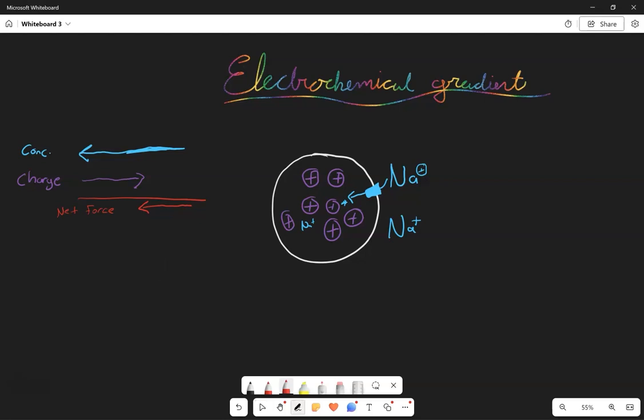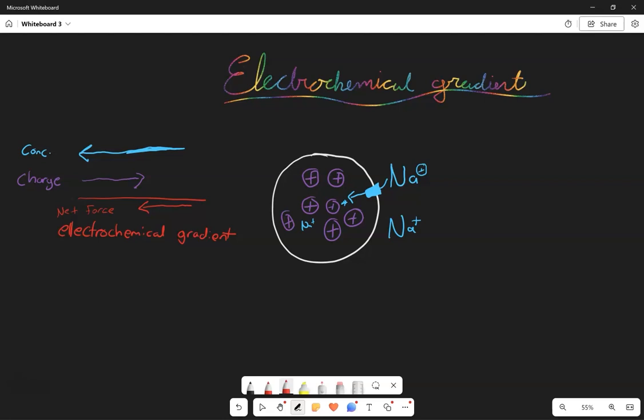So this net force down here is what we're going to refer to as the electrochemical gradient. And that electrochemical gradient is what's going to drive the movement of those ions.